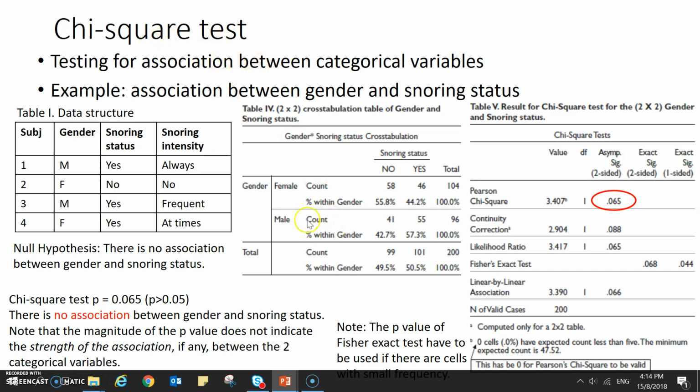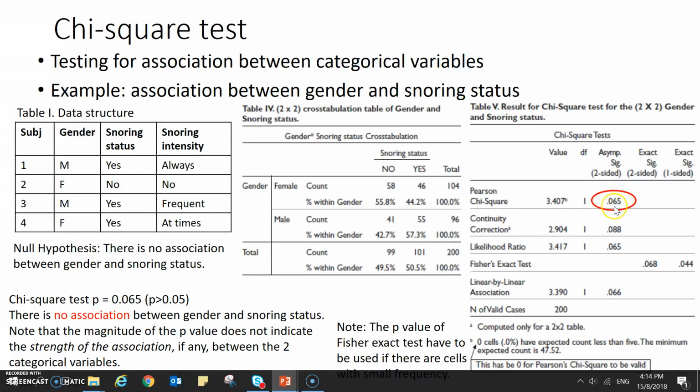The chi-square test would involve plotting a cross table, looking at the number of females who do not snore, and the number of females who snore, the number of males who do not snore, and the number of males who snore. When a chi-square test is being run, a p-value will be generated.